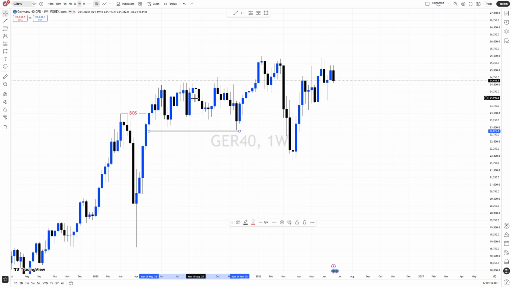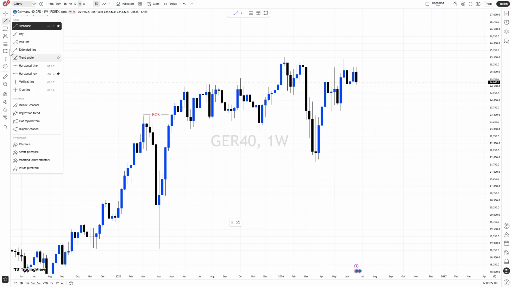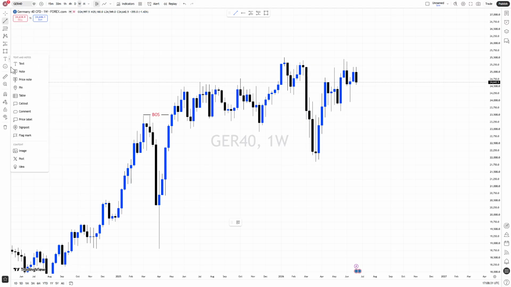But by the rules of market structure, we normally say that after the breakout structure, the first pullback is always an inducement. In this case, the inducement we are talking about is this one over here.